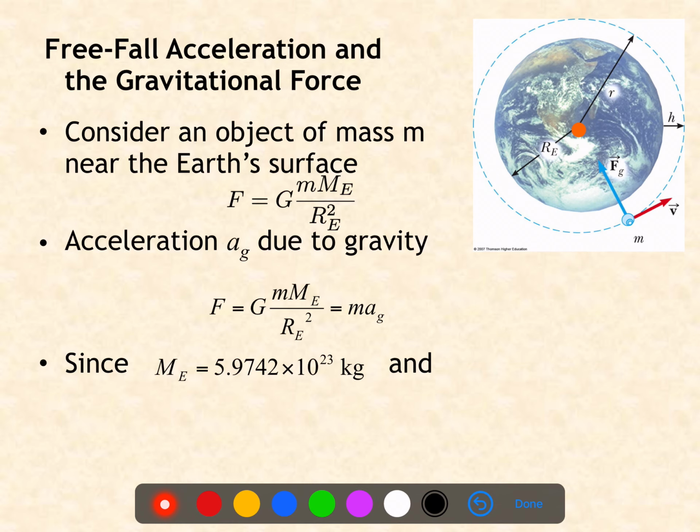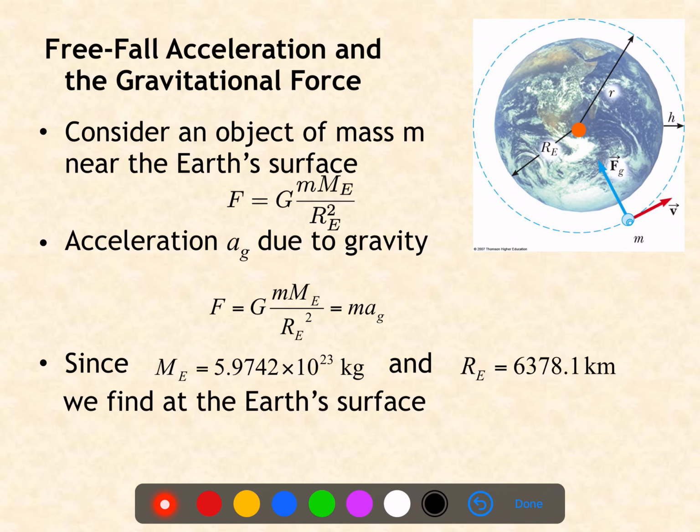And now all I need to know is the mass and radius of the Earth to figure out and compute what little g is. And lo and behold, if I solve this equation here for the acceleration due to gravity, notice that the little m's cancel, then I find the value 9.8 meters per second squared.